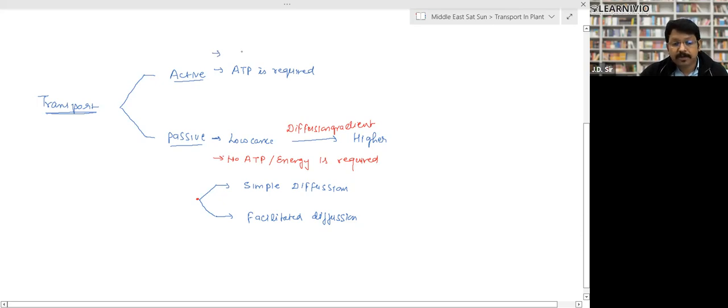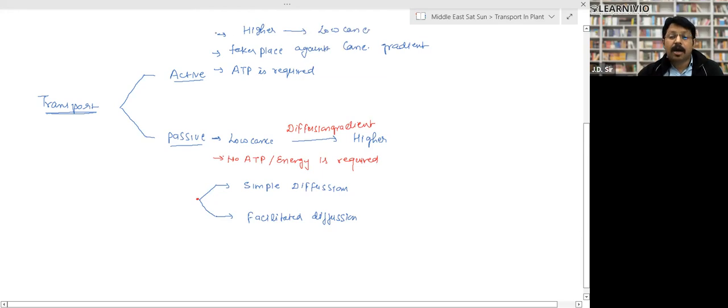The second important thing is that it takes place against the concentration gradient. What is that? That is, it takes place from higher to low concentration. This we call uphill.